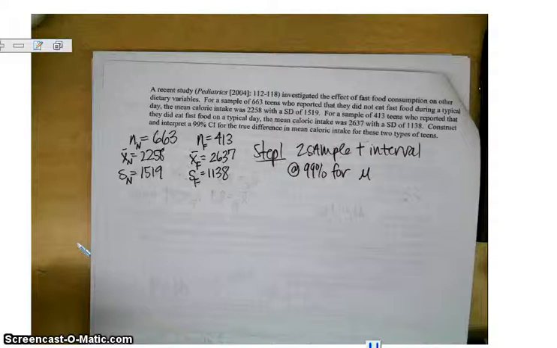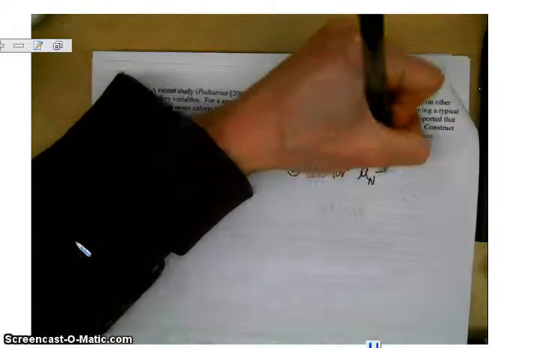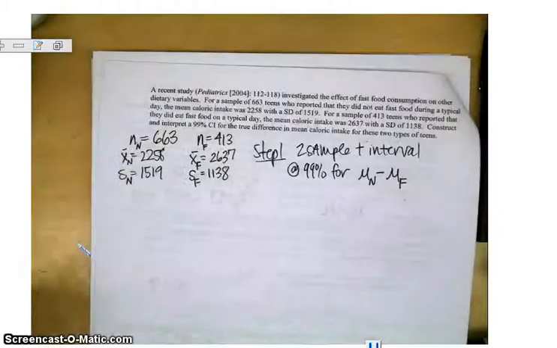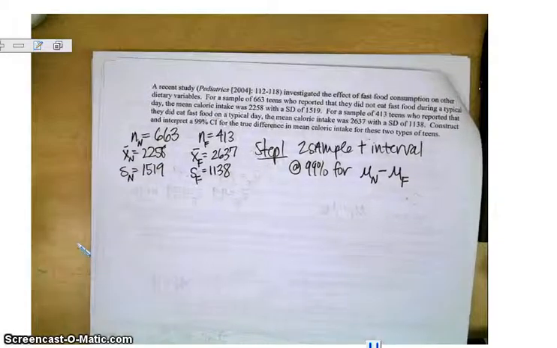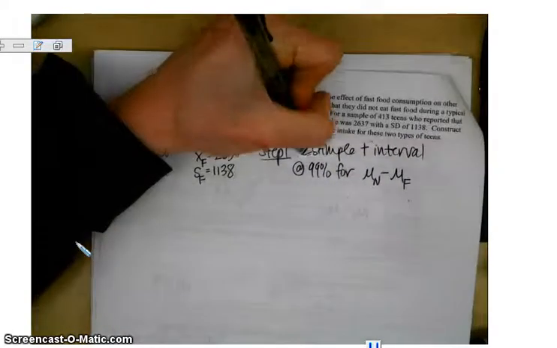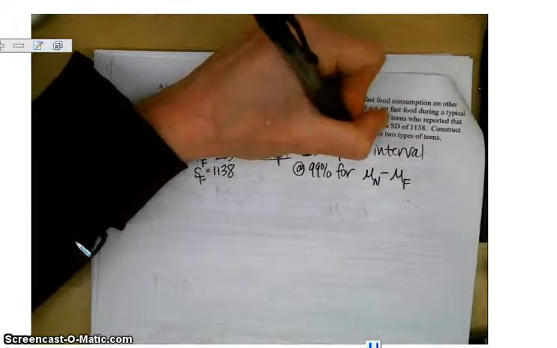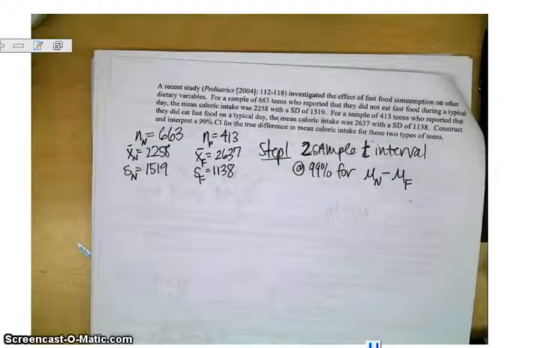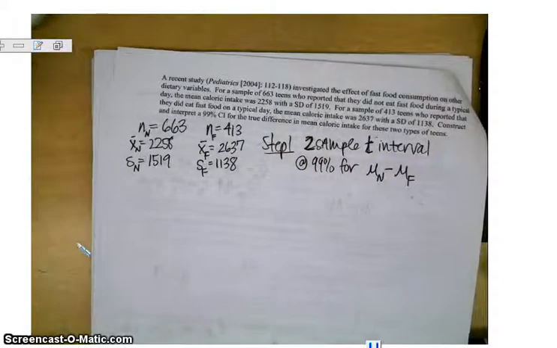No fast food. Okay, so no fast food minus the mean of fast food. It doesn't matter how you do it. It makes no difference. You just have to be able to interpret it either way. So we're going to do a two-sample t interval for the mean difference in caloric intake between kids who eat fast food and who don't eat fast food.